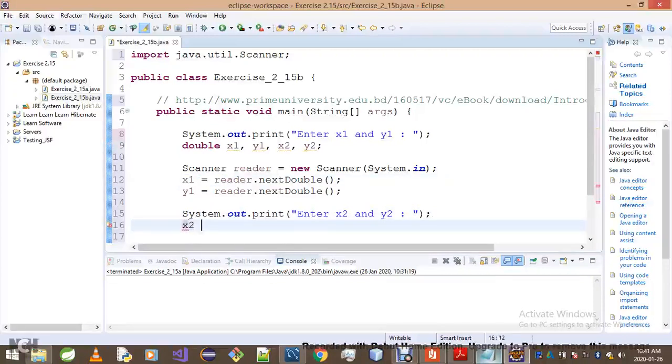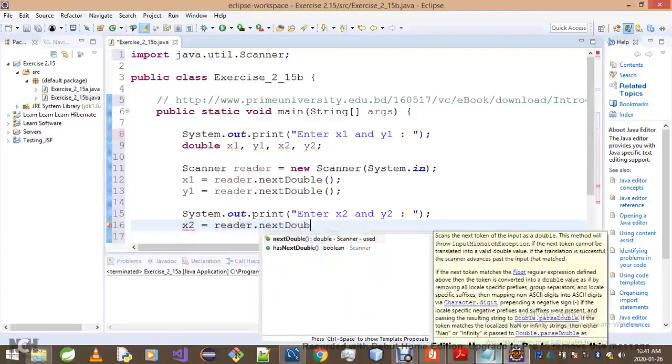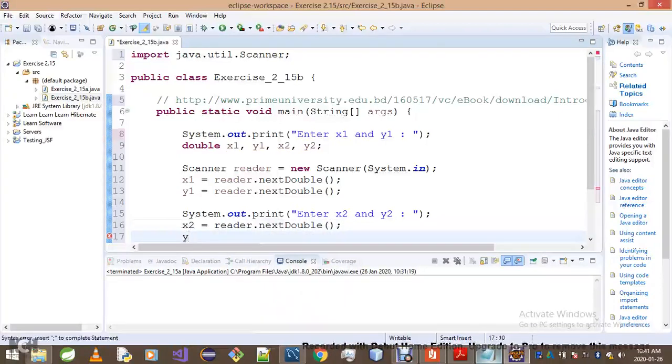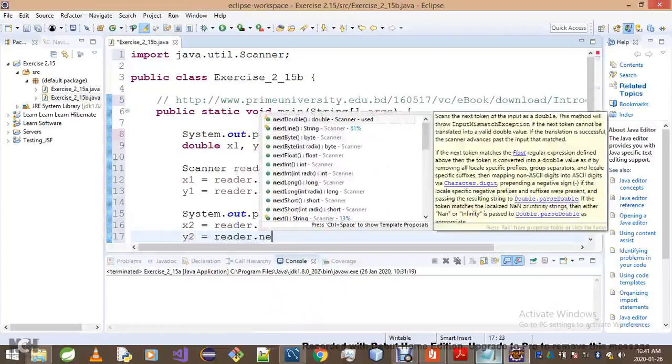Let's just go x2 is equal to reader dot next double, y2 is equal to reader dot next.